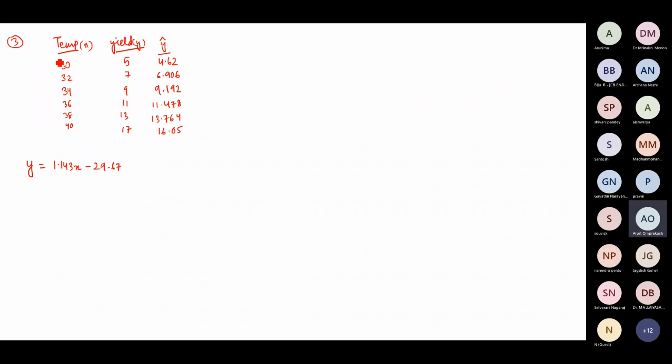So in the first case, in place of x, we put 30. In the second case, in place of x, we put 32, then 34, 36, 38, 40, and we got the y values. So these are the y hat values. Then we need y minus y hat. That's nothing but 5 minus 4.62, which is 0.38. Then 7 minus 6.906. 9, 8.